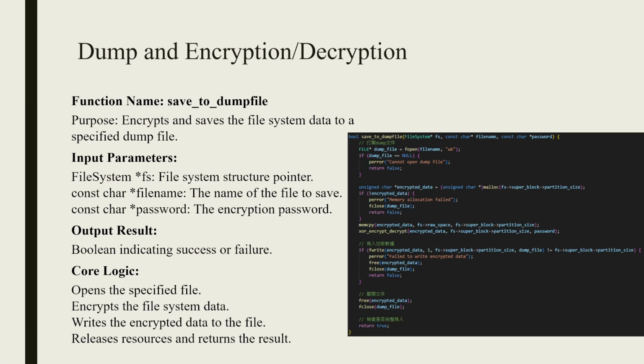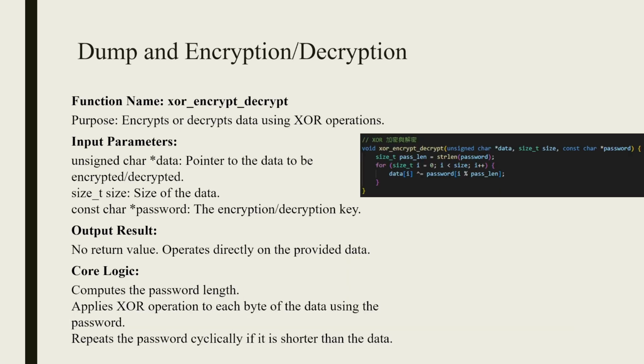The next part will show you how our XOR encrypt decrypt works. It is the utility function for XOR-based encryption and decryption, and it is used throughout the module to ensure data confidentiality. How it works: the first part is computing the password's length. It determines the length of the password, enabling cyclic application during the XOR operations.